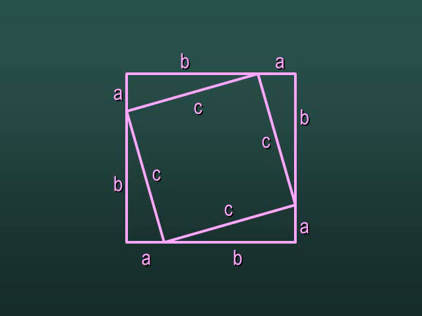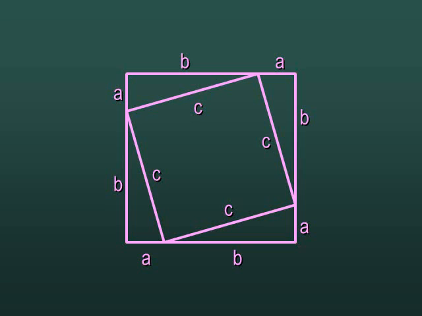Here's another illustration. This one is used quite commonly in proving the Pythagorean theorem. Let's just kind of break down what's happening here. I have a large square, and the sides of the large square are a plus b all the way around. And then I have another square inside where the side is c, and I have four little triangles, right?